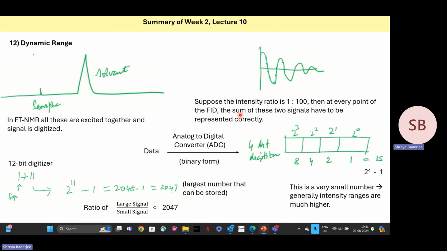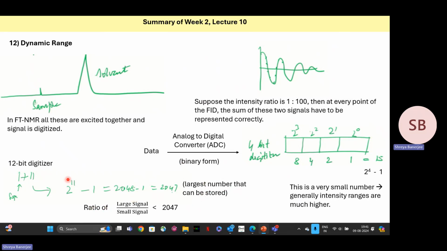So basically what happens is that in the instruments which store your data, there is an analog to digital converter, and these can only store data up to a certain limit.